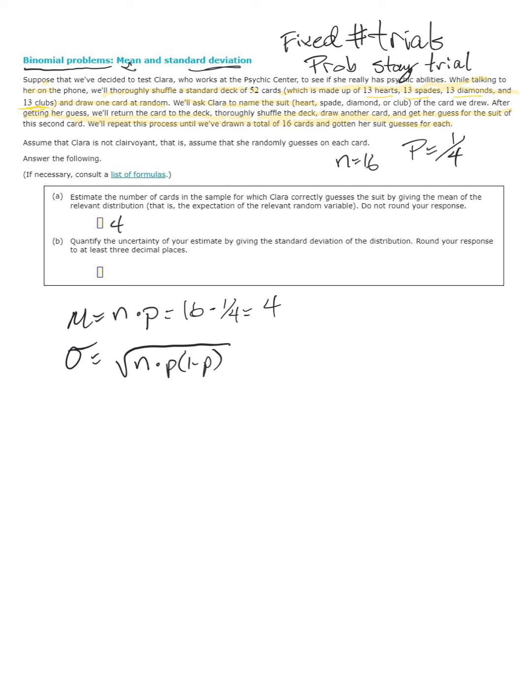And then to find the standard deviation, we're going to plug these numbers in. The number of trials, probability of success, and then 1 minus the probability of success. I mean, you can use decimals here too. And then you would type that in your calculator. Let me do that real quick.